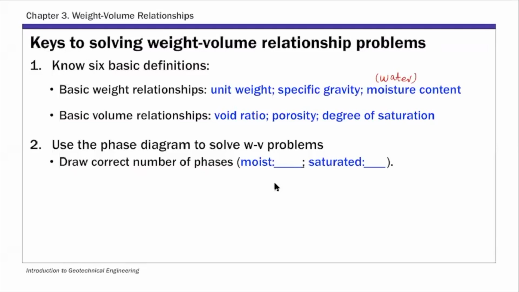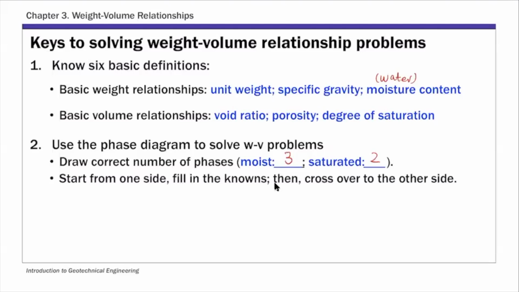And the first thing when using the phase diagram is to draw the correct number of phases. So we mentioned for moist soil, there are 3 phases. In saturated soil, 2 phases. So when you start solving the problem, you need to know how many phases there are.